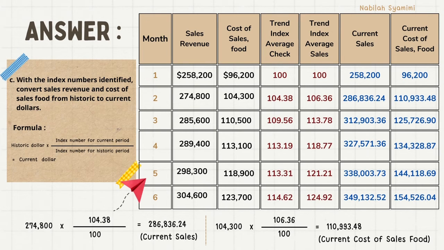Then, for the second month, to get the current cost of sale food, take trend index average sale, which is 106.36 divided by 100 and multiply with second month cost of sale food, which is $104,300. Then you will get $110,933.48 for current cost of sale food. After that, for the following months, use the same method depending on the month.